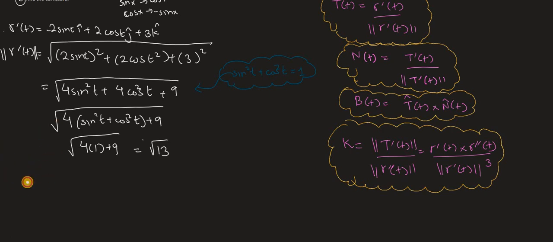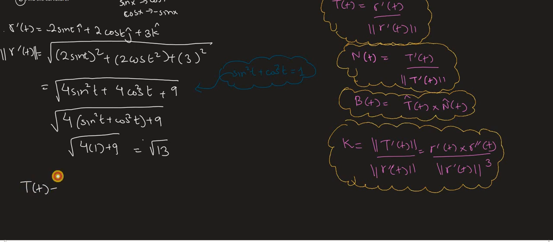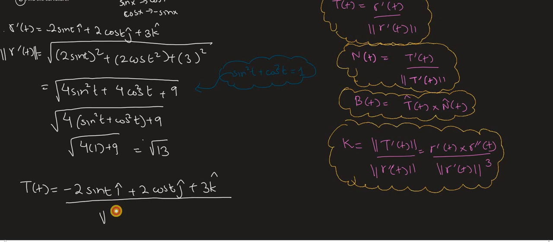Okay, so the tangent vector is equal to this thing that we have in here, -2 sine t i hat plus 2 cosine t j hat plus 3k over square root of 13 that we just calculated here. You see it in the formula.